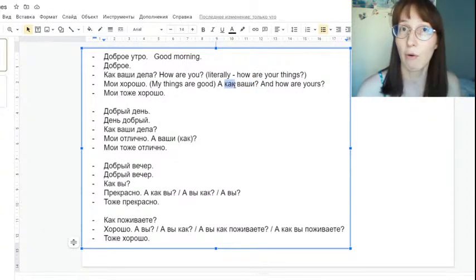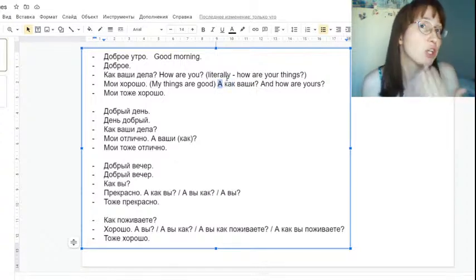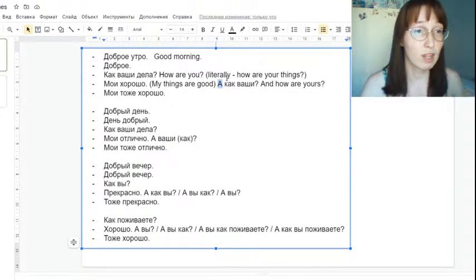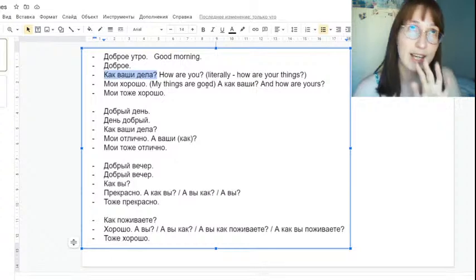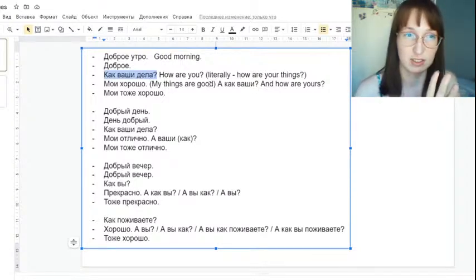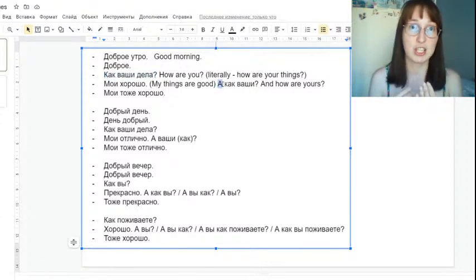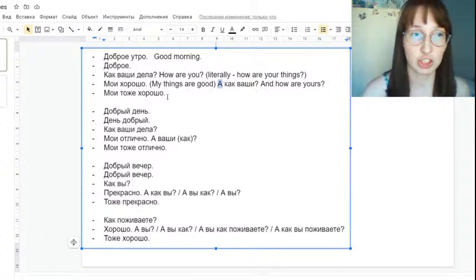And "а" is for expressing your curiosity. Also, if you repeat как ваши дела, the same question, it will sound a bit unnatural. So we change our question a bit and we add this word. А как ваши?